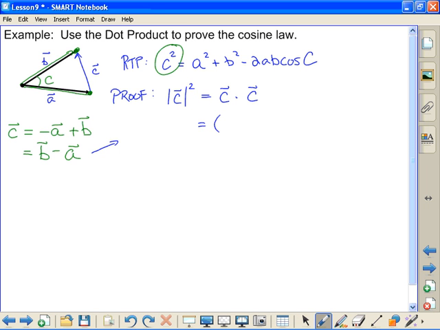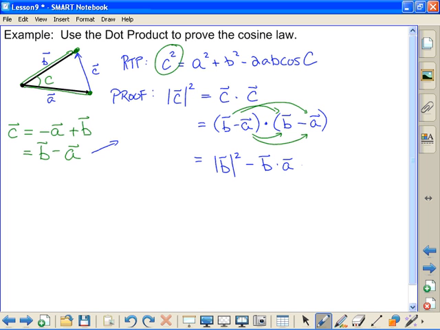So the magnitude of c squared, I'm going to replace vector c with b minus a dot b minus a. And now, I've already said that our algebra rules hold true, so we are going to have to use distributive law here. So that means I'm going to have b dot b, so that's the magnitude of b squared, minus a dot b, or b dot a, minus a dot b, plus the magnitude of a squared.